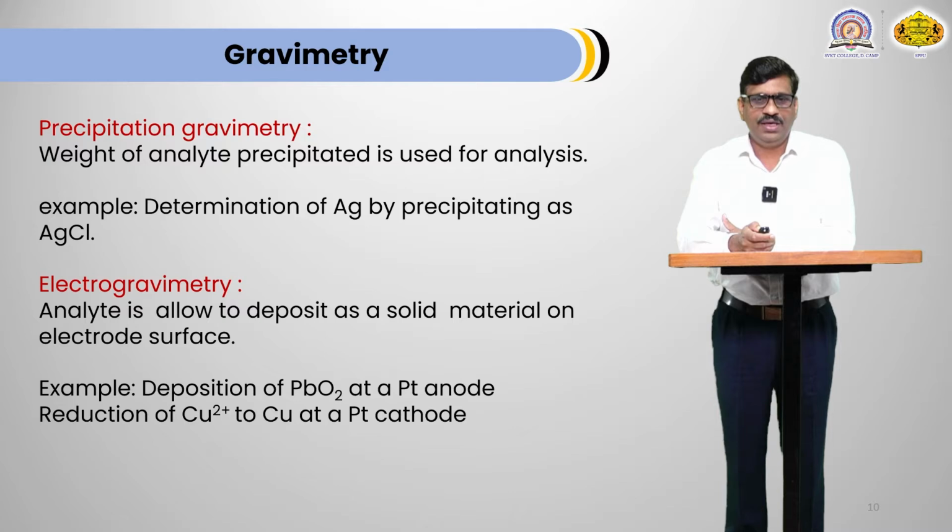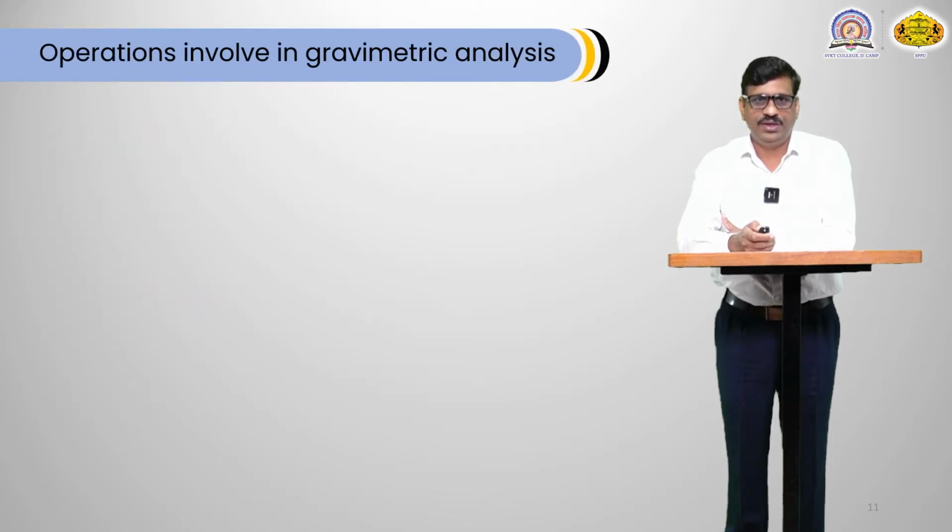After that, the weight gain of the electrode is calculated, and from that we can measure how much element is present in that solution. Example, deposition of lead oxide at platinum anode, and another example, reduction of Cu2+ to copper at platinum cathode. These are some examples of electrogravimetry.